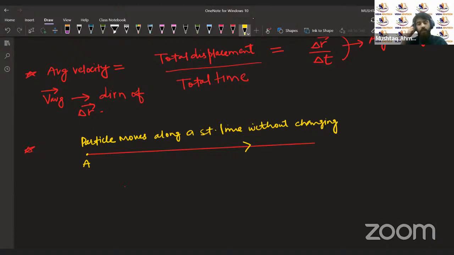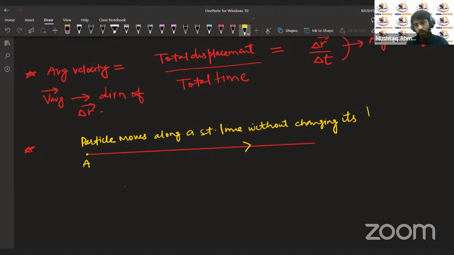Without changing its direction means that the particle is neither moving right or left, and it is also not reversing its direction. Because if a particle reverses its direction, it's still moving along a straight line, but now the direction has changed, right?